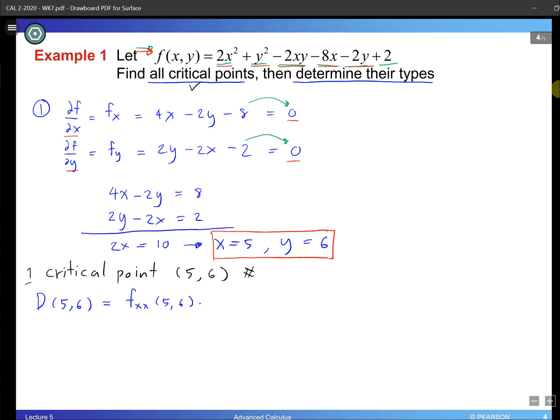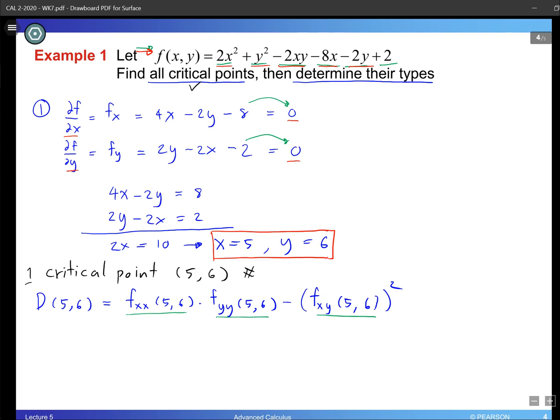Times partial diff of f, second order with respect to y twice, at the same point 5 and 6, minus partial diff of f, second order with respect to x and then y at the same point, 5 and 6, and we need to square this one. Alright, so we need to find these values in order to find the d value. Okay, so we need to find this one, and this one.